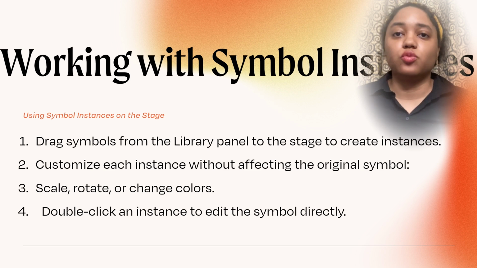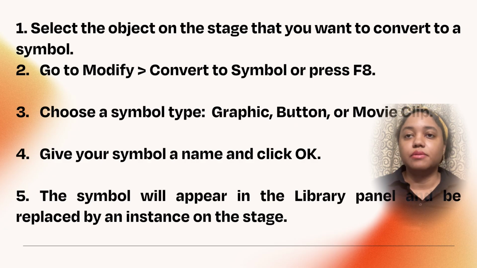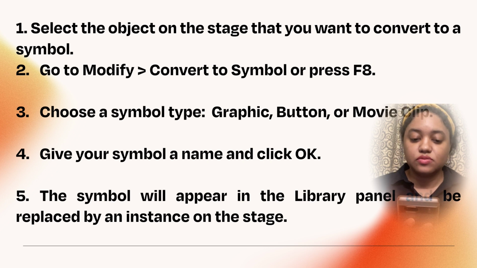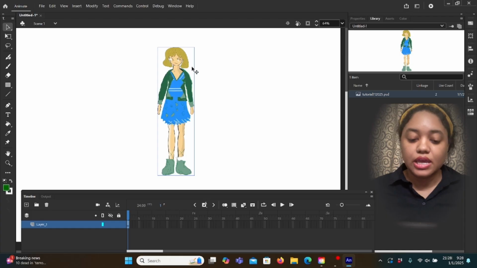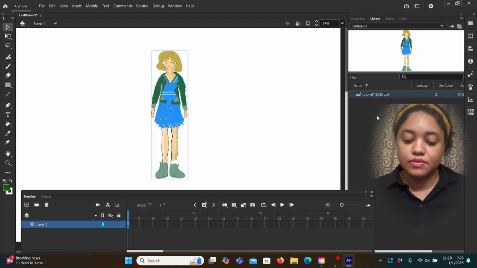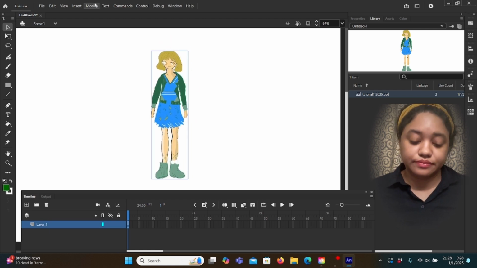Now we need to actually work with the symbol. You can go to Modify and Convert to Symbol, and then press F8 as well. You can choose the symbol type after that, graphic, button, or movie clip. And then you can give your symbol a name, and then you would click OK.